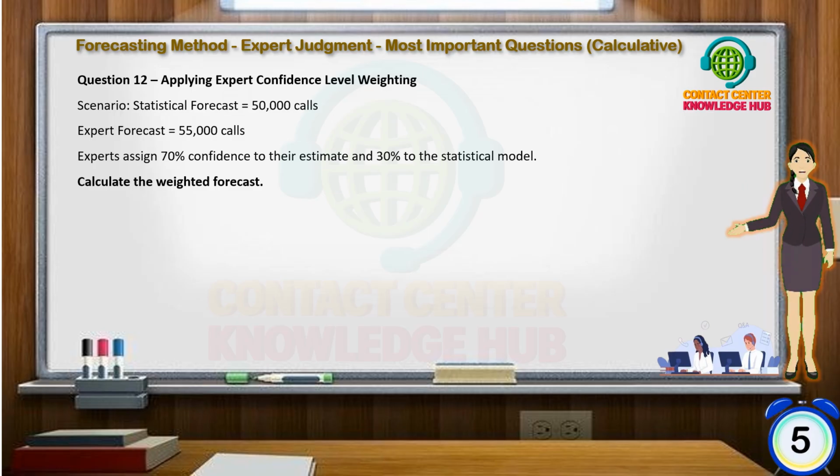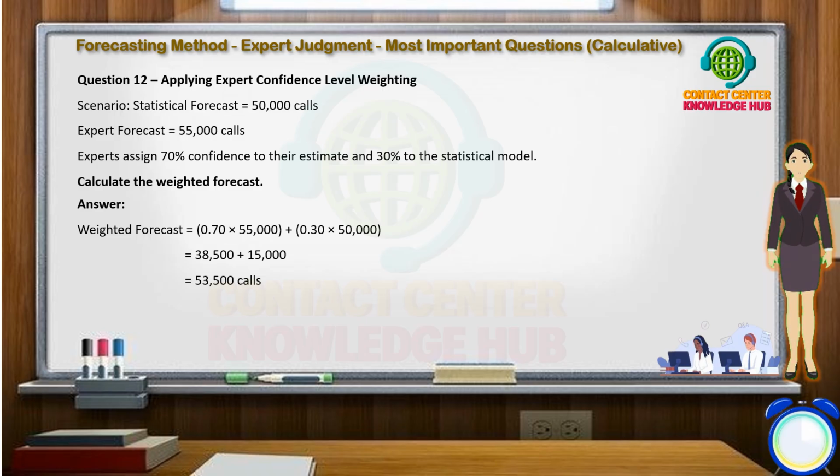Experts assign 70% confidence to their own estimate and 30% confidence to the statistical model. Calculate the weighted forecast. Think for a moment. And here is the answer.